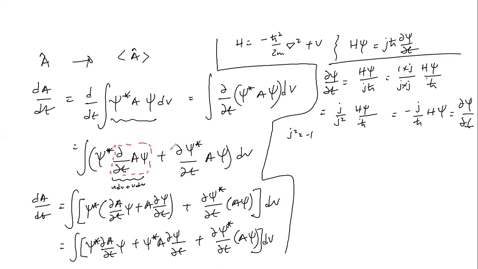Now, if d psi/dt is the same as negative j over h cross H psi, then the conjugate, d psi conjugate/dt, there will be a sign change here, okay? So that will give us j over h cross, then H psi conjugate.